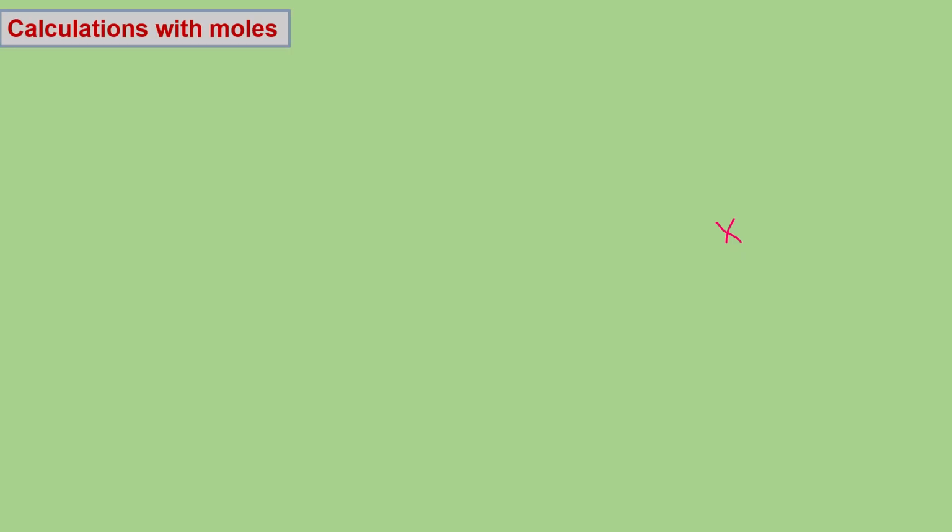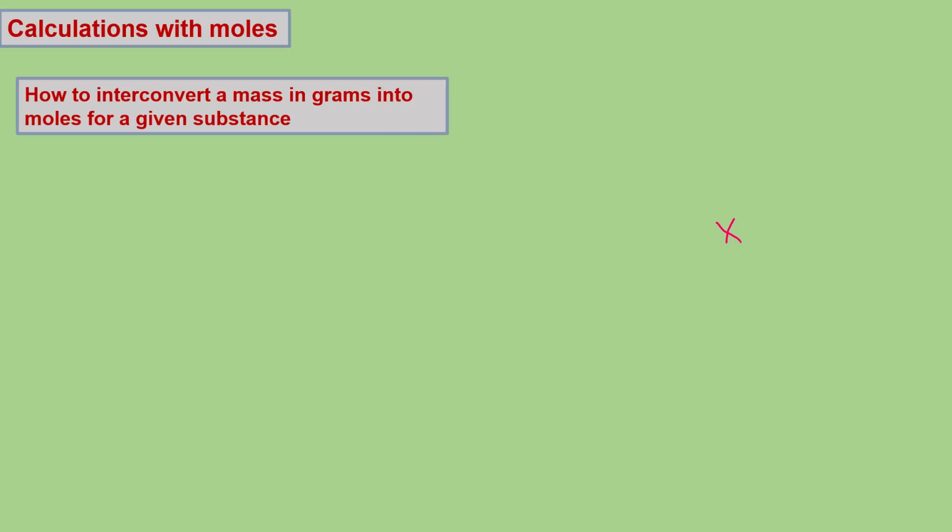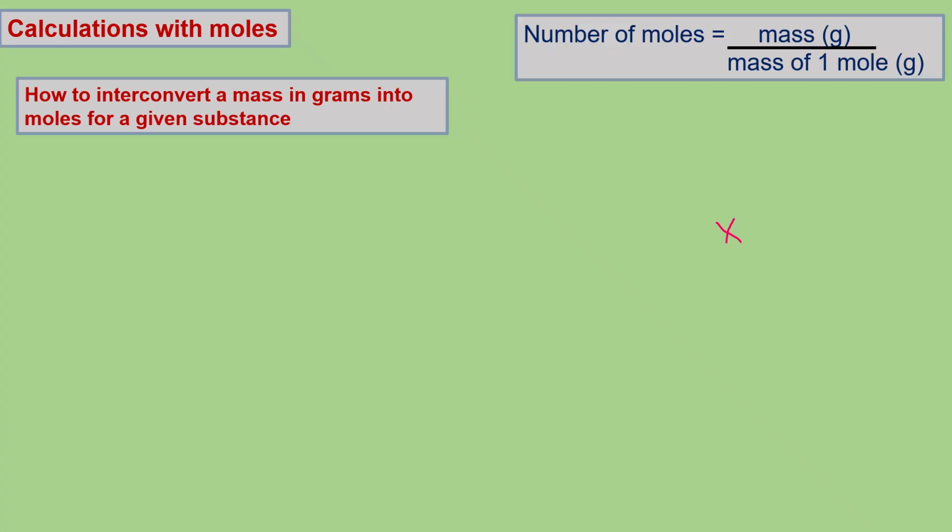Calculations using moles. How do you interconvert a mass in grams into moles for a given substance? We have a rule. The rule says that the number of moles equals the mass in grams divided by the mass of 1 mole. We are going to put this rule into a triangle.